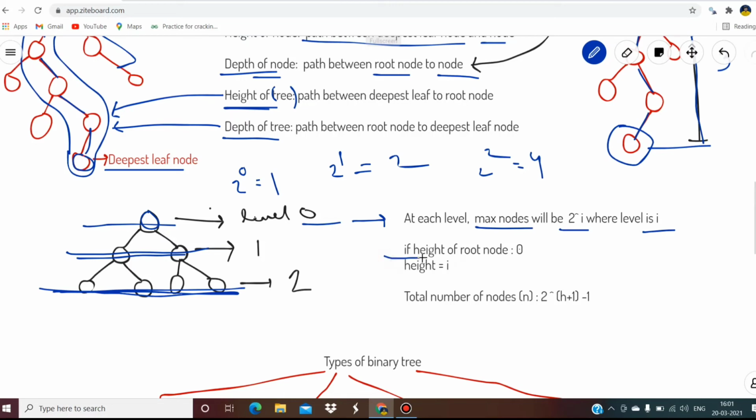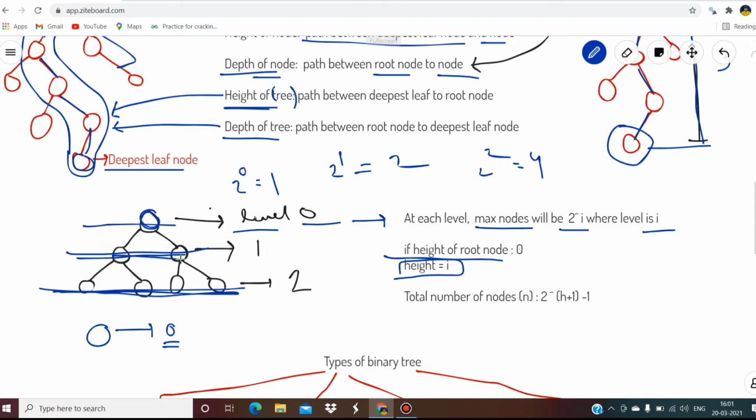If the height of the root node is 0, suppose there is a binary tree having a single node, in that case the height of this will be 0. So if the height of this is 0, we can relate height and level. Basically height is equal to level number. This is level 0, which means this node is at height 0.